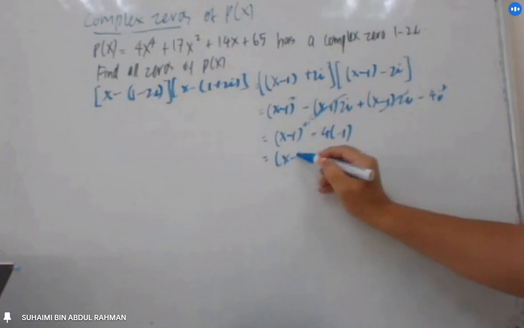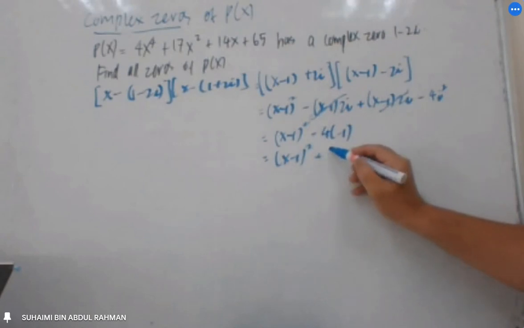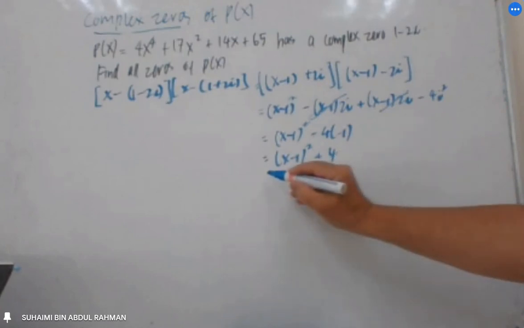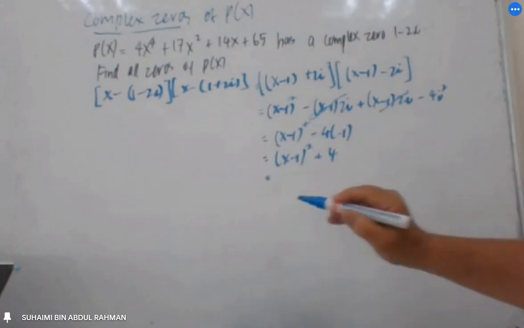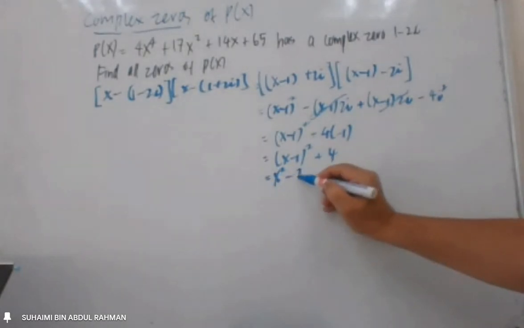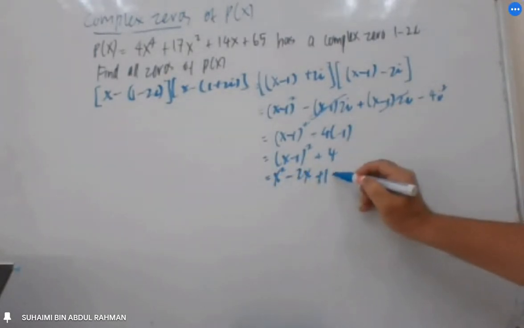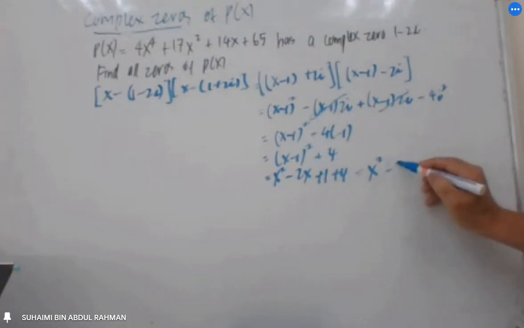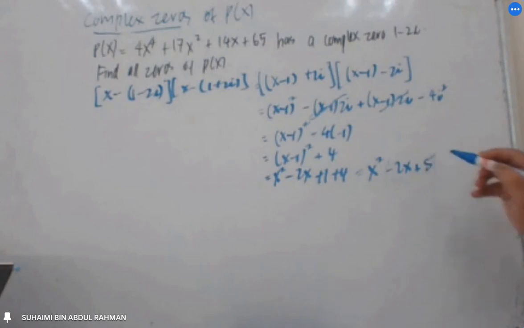So (x minus 1) squared plus 4. Expanding, x squared minus 2x plus 1 plus 4, which is x squared minus 2x plus 5.